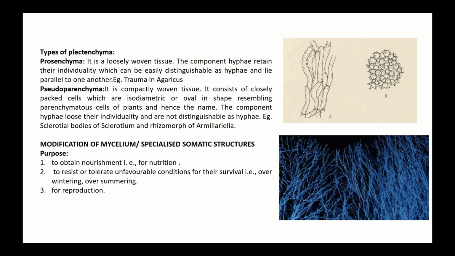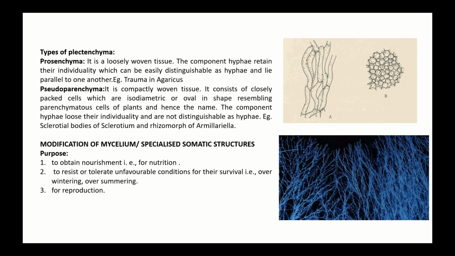It is of two types: first is prosenchyma and second is pseudoparenchyma. In structure A, you see loosely compact, loosely woven tissue. It is shown in Agaricus, in mushroom.